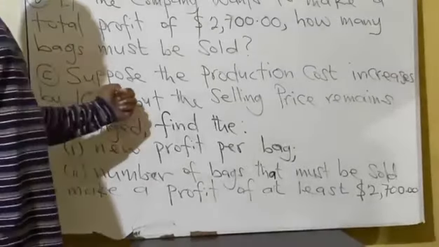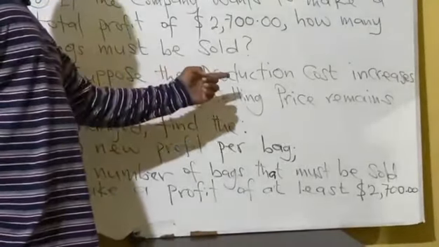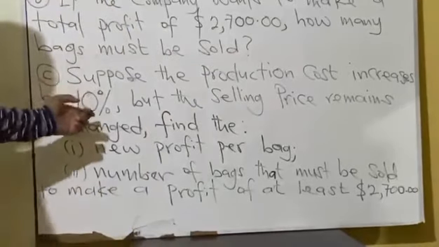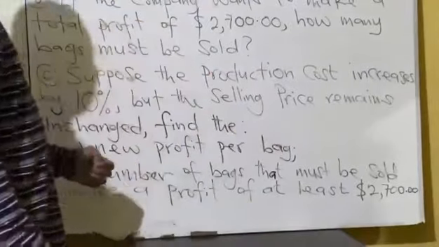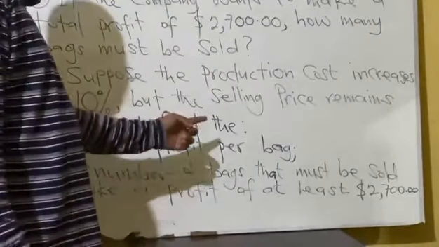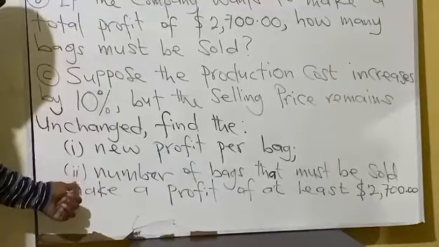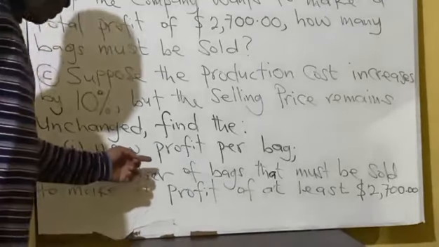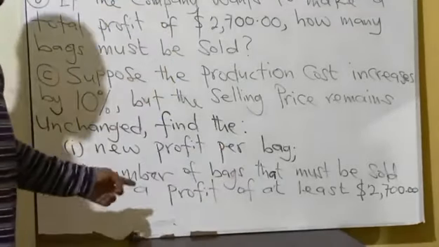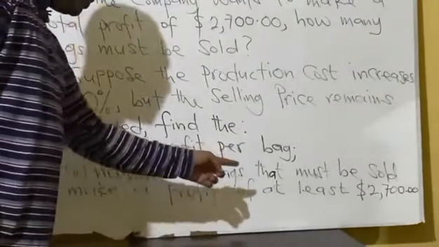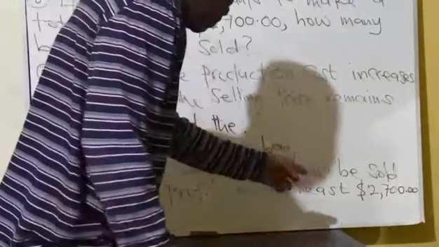C. Suppose the production cost increases by 10%, but the selling price remains unchanged. Find the II, the number of bags that must be sold to make a profit of at least $2,700.